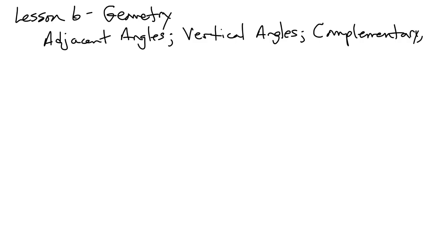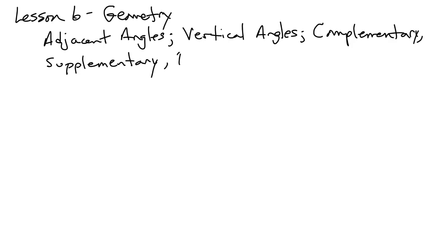Complementary angles are angles that add up to 90 degrees. Two angles that add to 90 degrees. We talked about supplementary. Supplementary angles are 2 angles that add to 180 degrees.